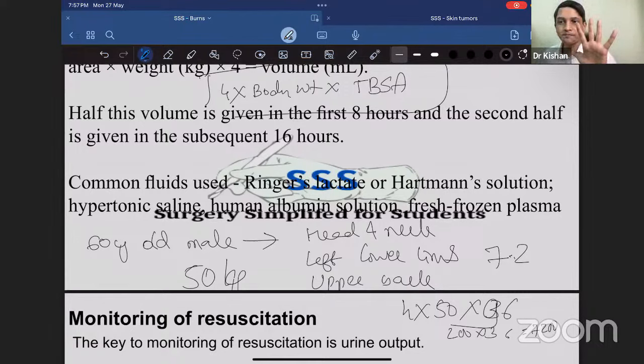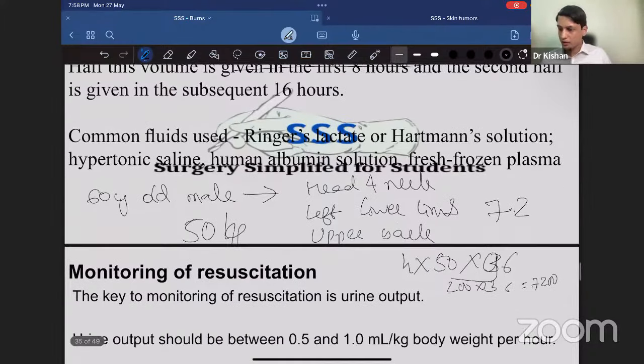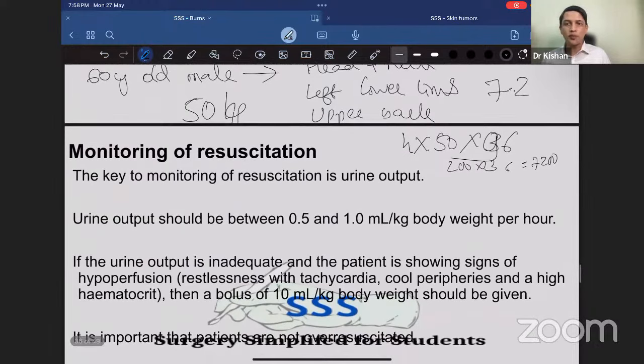Remember that. Is it clear now, Jayalakshmi? Hope your doubt is clear. That was your doubt, right? How can you give 18 liters of fluids in a day? That's about the Parkland formula. There are so many other formulas, but this one you remember, more than enough.